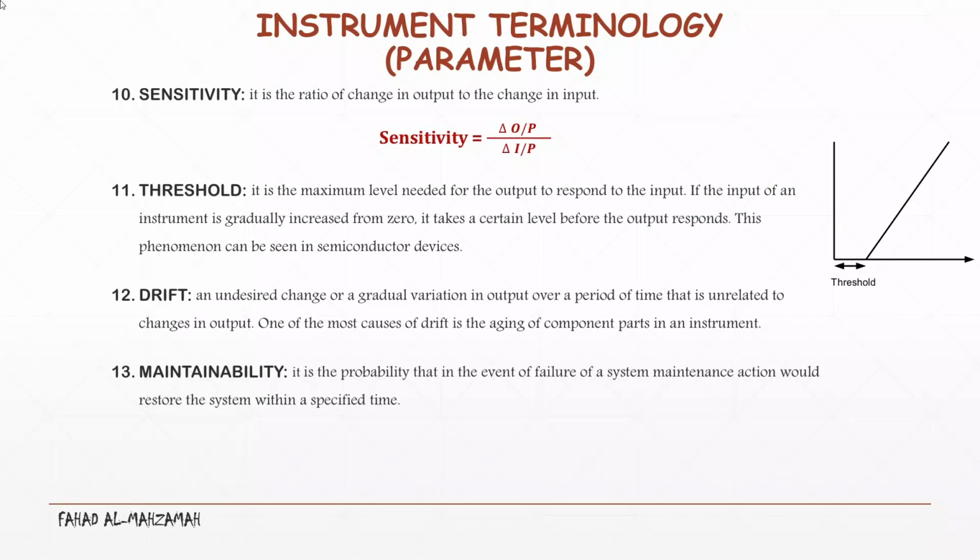The one before the last is the maintainability. It comes from maintenance and ability. So it's how able the device or instrument is to be maintained. It's the probability that in the event of failure, if some failure happens to the device, some maintenance action would restore the system within a specified time.